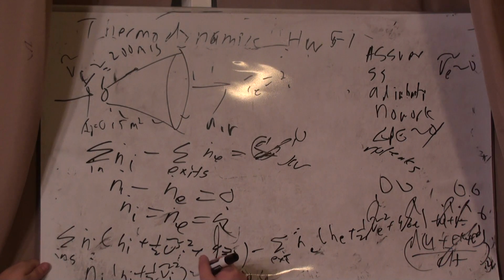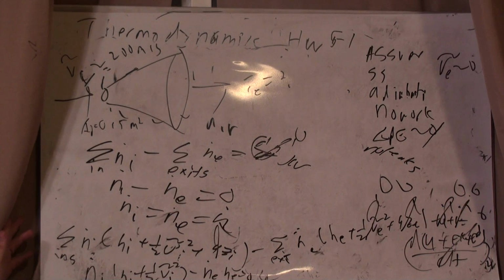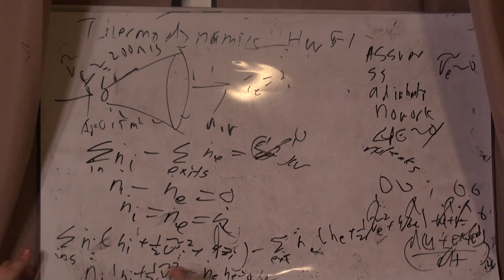Okay. Well, I know this guy. I might know my enthalpy coming in, but really it's all about the difference. And so this is really my final equation. I could say that 1/2 v squared I is equal to hE minus hI, or delta h, and then go from there.